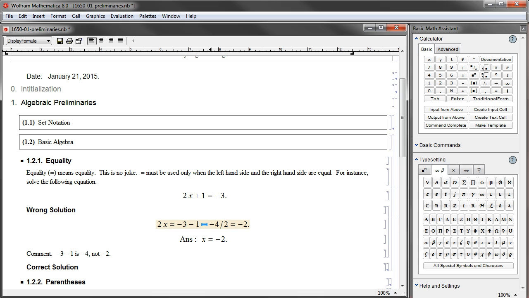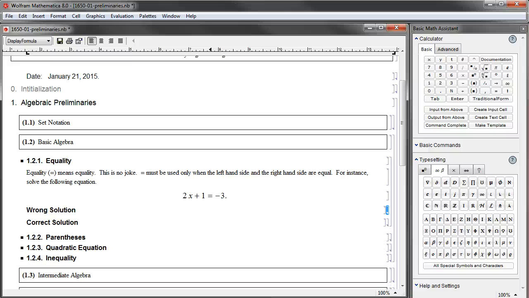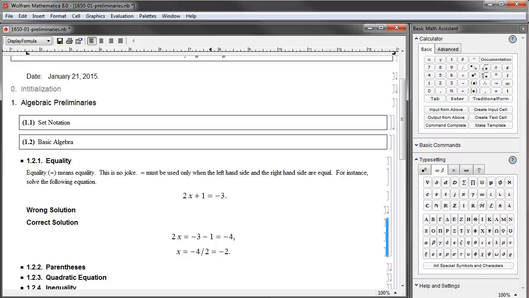This equality is not right. Negative 3 minus 1 is negative 4, not negative 4 divided by 2. Negative 4 and negative 2 are two different numbers, not the same. So this is a mistake, and I will scrutinize this kind of thing. After all, mathematics is mostly communication.